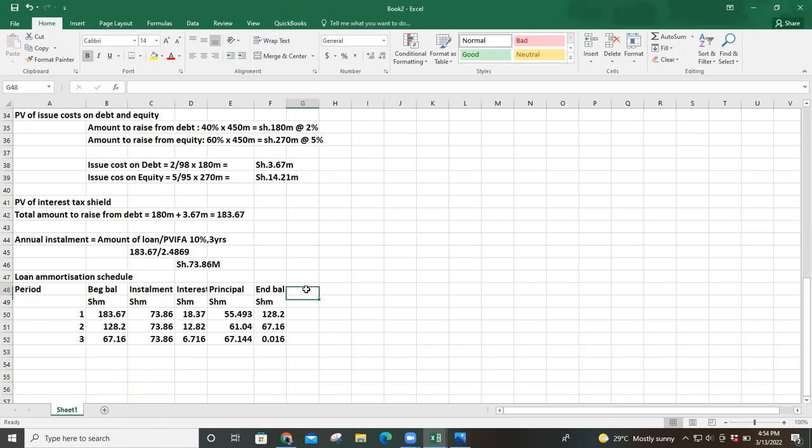Then let's have the interest tax shield. The interest tax shield is simply our interest multiplied by the tax rate, which is 30%.